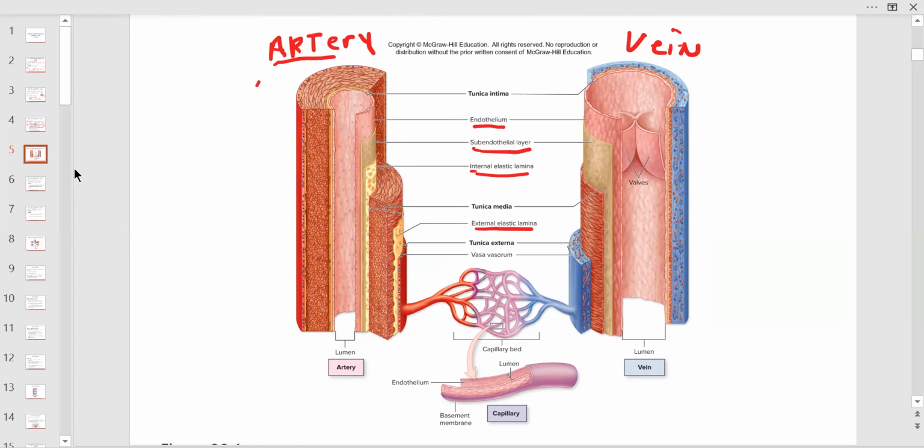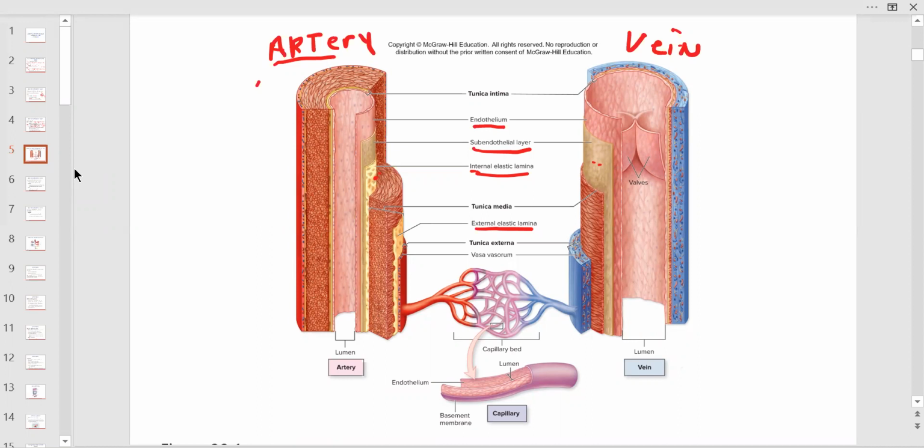It looks like Swiss cheese, right? The elastic lamina. So it depends on where you're talking about. The aorta has a lot of elastic lamina. The veins are kind of in between. There's not a lot of elastic lamina in there. The arteries maybe a little bit more.